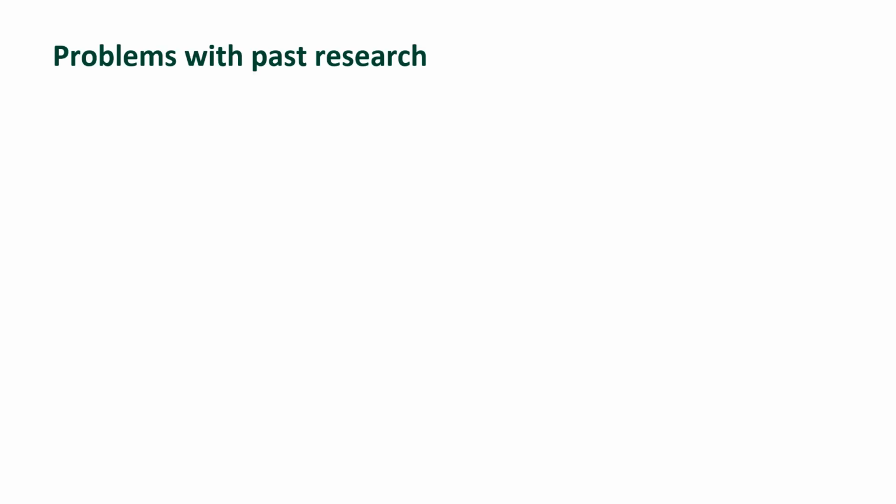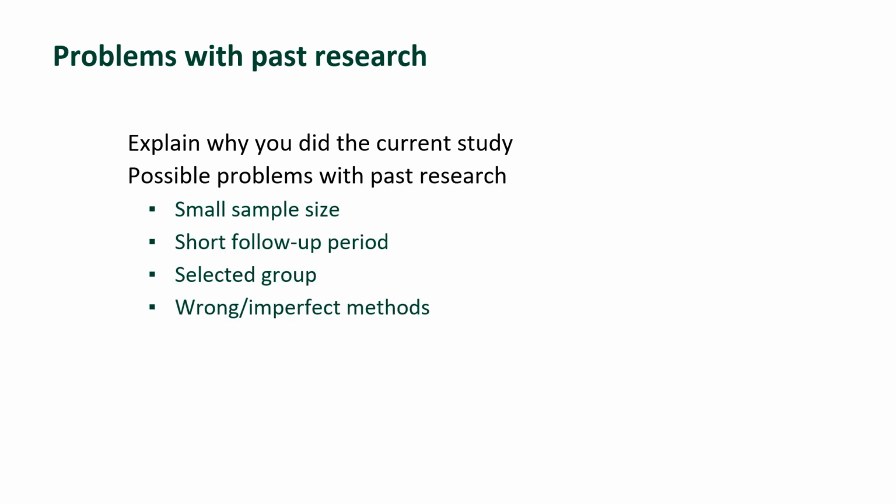And therefore, the past research is a really crucial component. And then once you do your review, you have to show what the gaps in the past research are and why you have to do this current research. So you have to explain why you did the study. If you already have plenty of literature around this area, you have to justify why you did it, because there should be a clear gap analysis in the previous research.